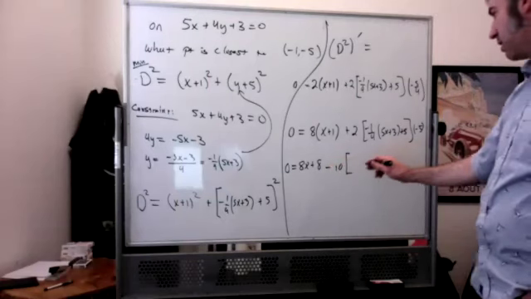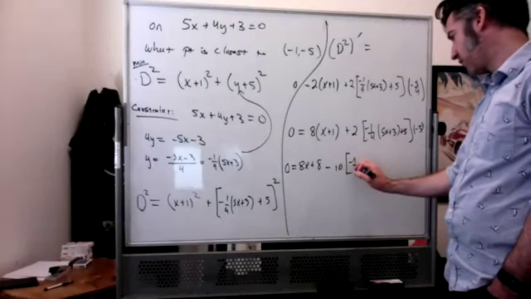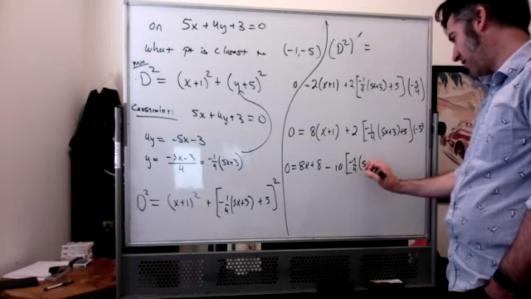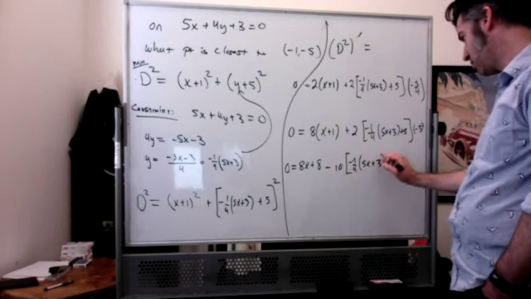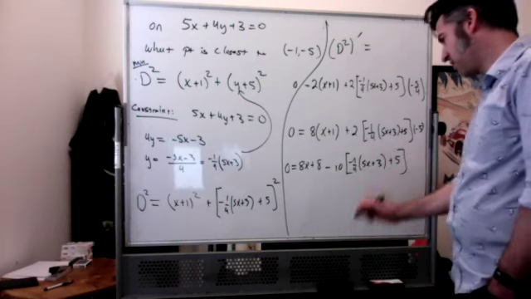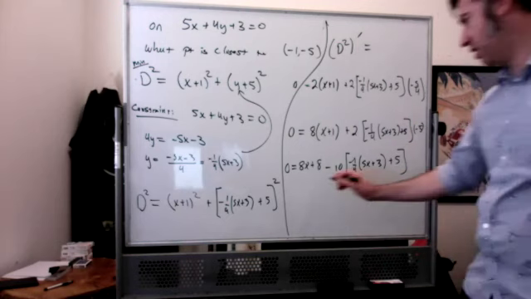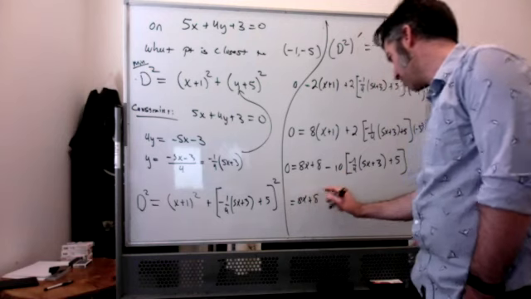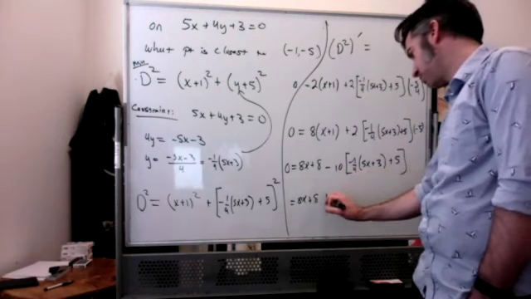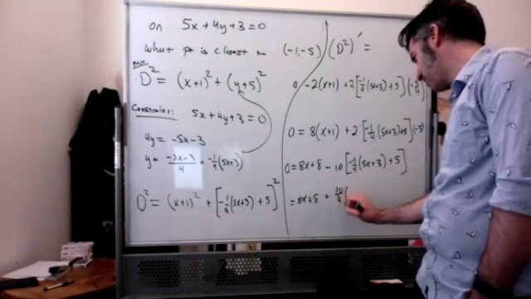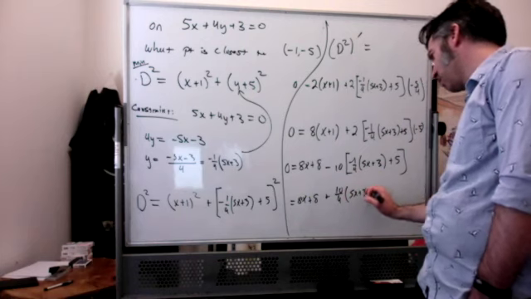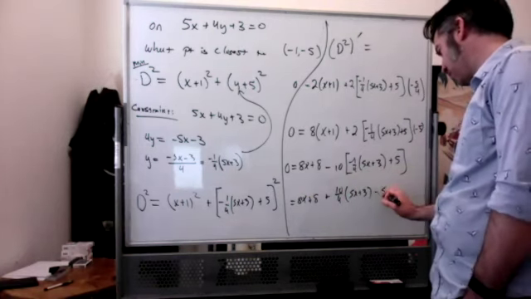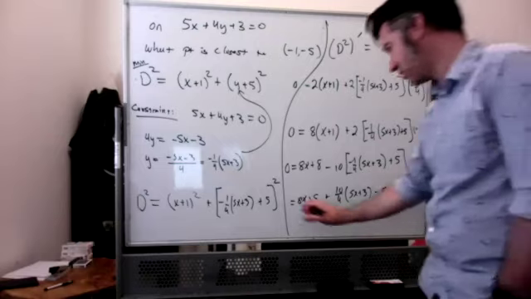And then I've got inside here a negative 1/4 times 5x plus 3, plus a 5. Okay. So this is 8x plus 8, minus 10 times minus 1/4 is plus 10/4 times 5x plus 3. And then minus 10 times 5 is minus 50. Still equal to 0.